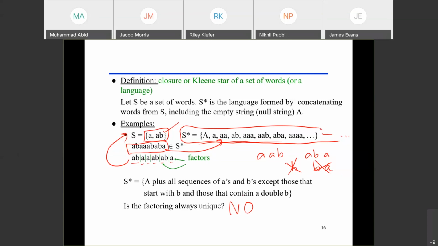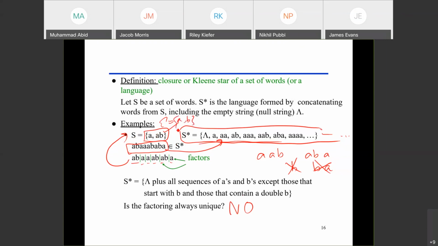Actually, this is a word here, it is not a letter. How do we know that this is a letter? You can see this is I, it is equal to S. So how do we know that this is not a letter? Because it is not equal to summation. Summation is equal to A comma B.